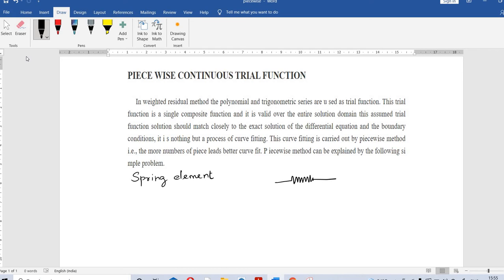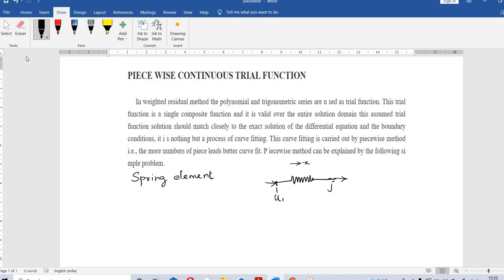Here, this is the direction of force. Here you consider node I. The second node is J. Here is the force at node J. This one is the force direction at node I. The x direction starts from the left side to the right side.